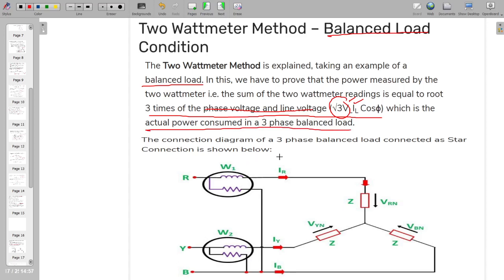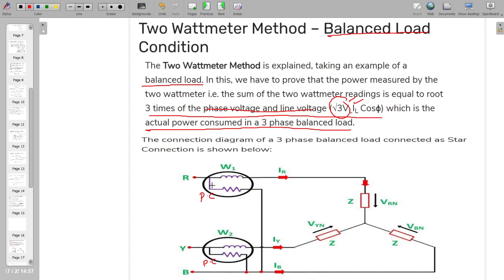So the connection diagram is given below for the star connected load. This is the first wattmeter and the second wattmeter. Both wattmeter pressure coils, first pressure coil and second pressure coil, are connected to a common point, that is the B phase.